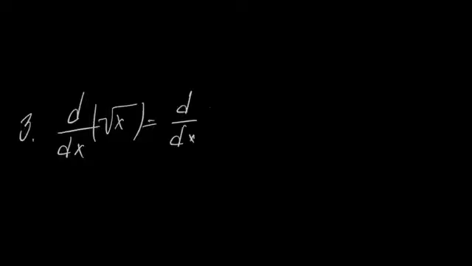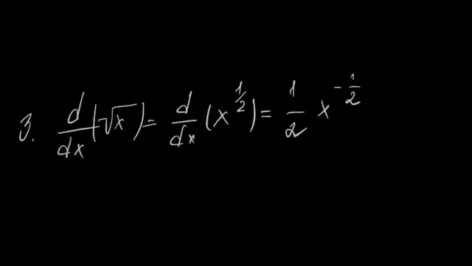The third part, derivative of the square root of x. The proof also reminds us from an earlier example that the derivative of the square root of x with respect to x is 1 over 2 times the square root of x, which can be written using the power of x as the derivative with respect to x of the square root of x is the derivative with respect to x of x to the power of 1/2, which is 1/2 times x to the power of negative 1/2.